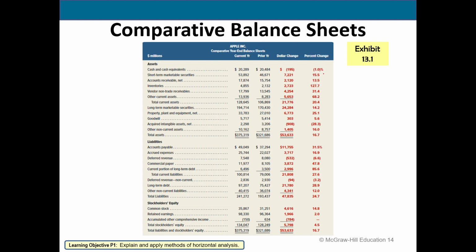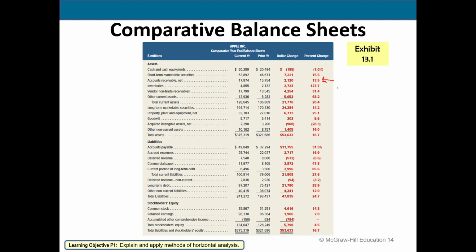Something that may call my attention is the increase in accounts receivable. So maybe we want to evaluate how we're granting credit, what our accounts receivable turnover is, and how many days these receivables are outstanding.